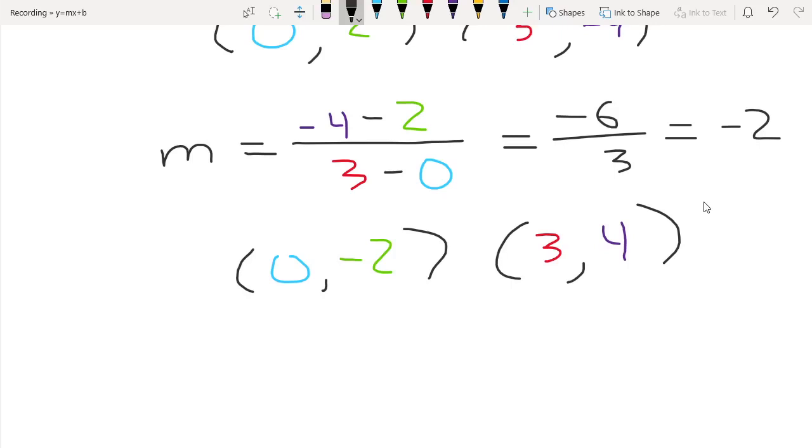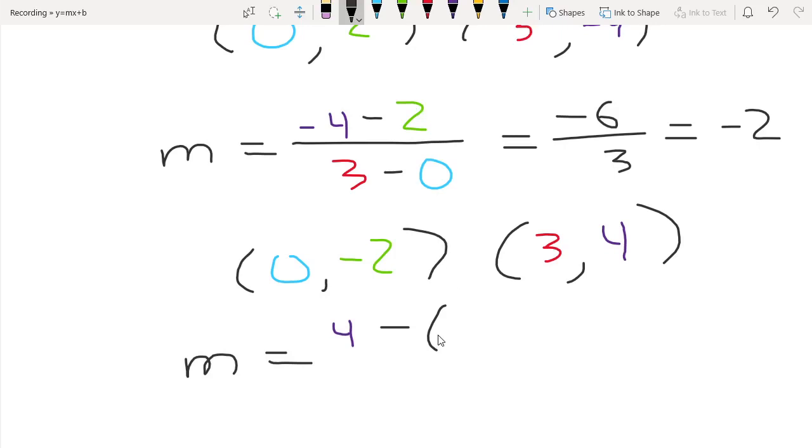Okay, so I'm assuming that you paused the video again and solved this problem. So the formula is m equals 4 minus negative 2. So this might be where you guys messed up, if you did mess up at all.